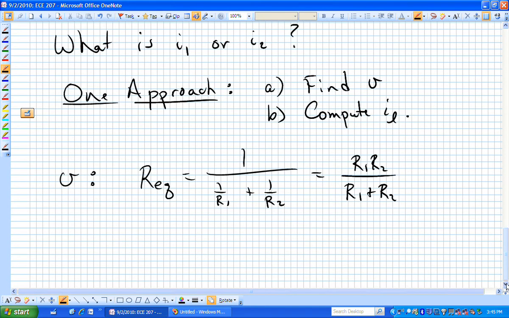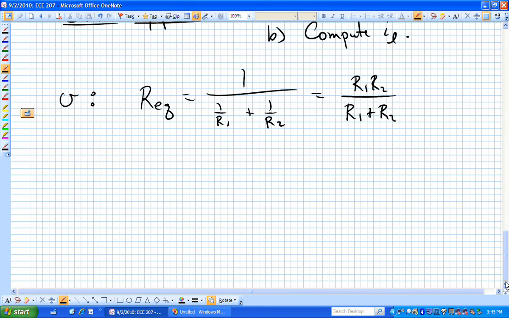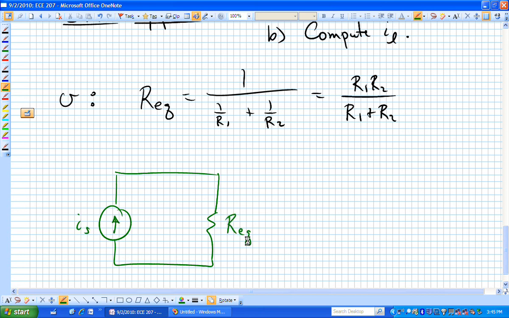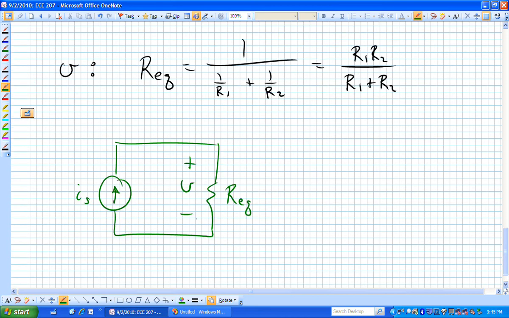If we now have that to replace R1 and R2, our circuit now becomes something like this. And we can now find V.